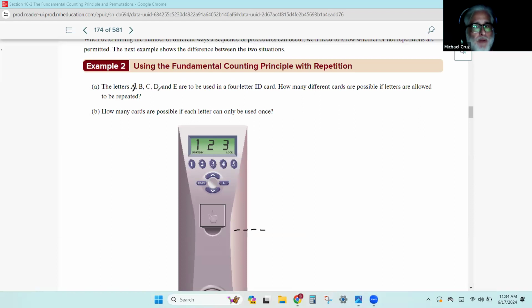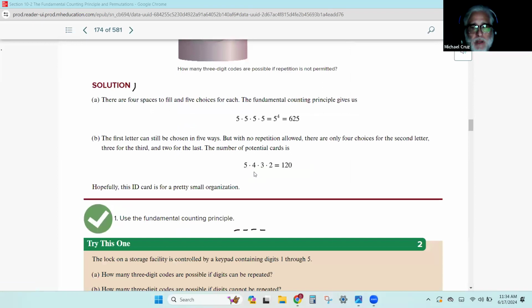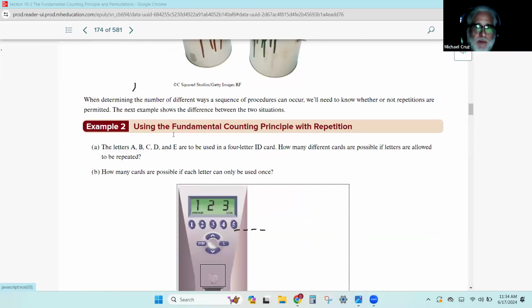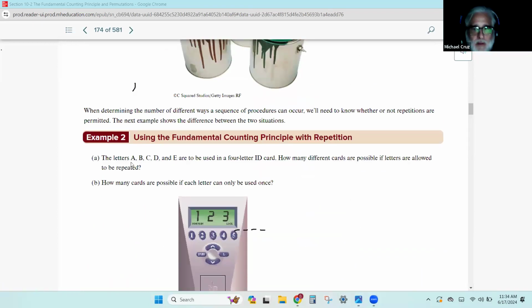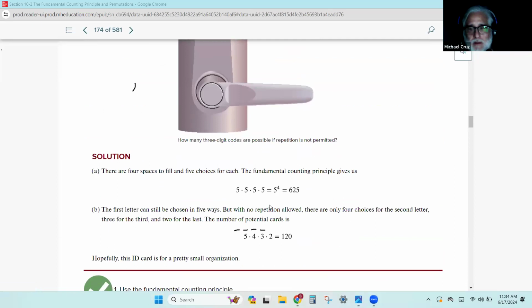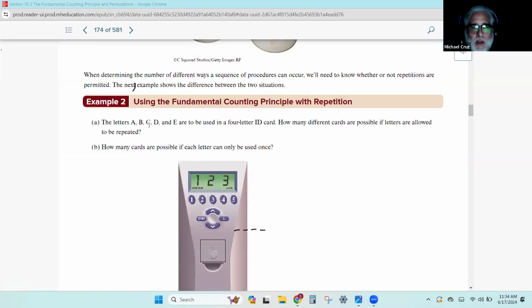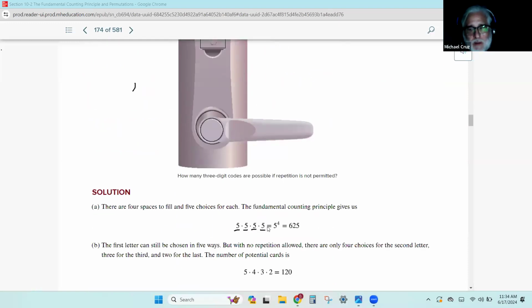So then we've only got 4 left. The first one has 5. Then after we use the first one, there's 4: B, C, D, and E. When we get to the third one, there's only C, D, and E left. And then for the last one, only 2 left.